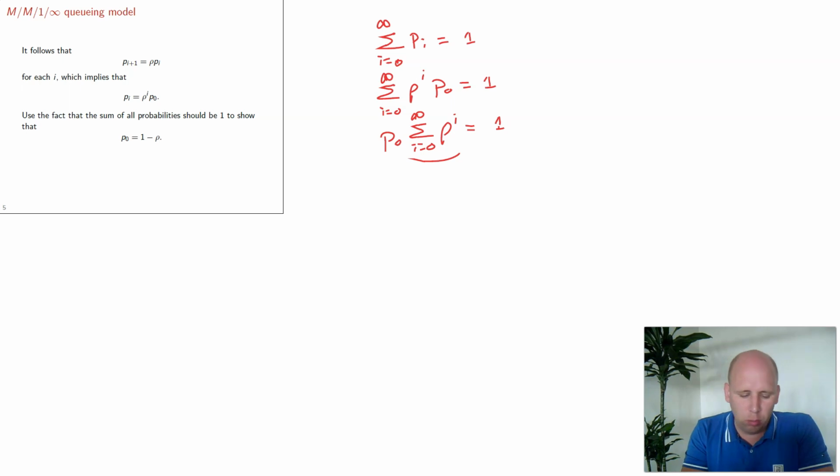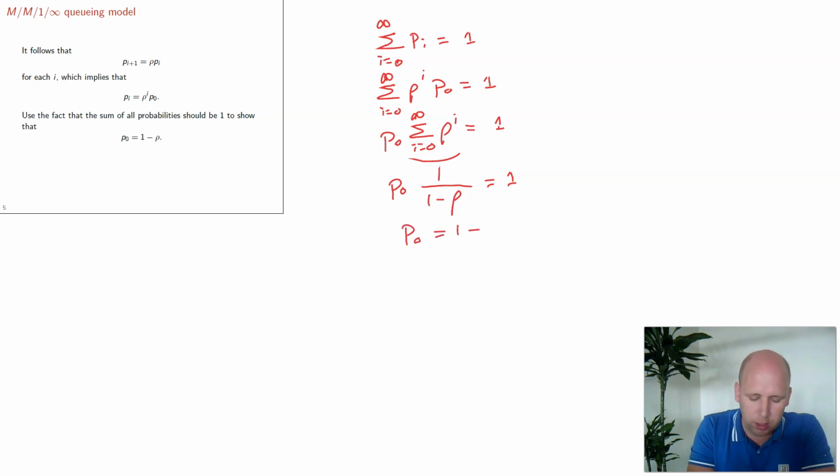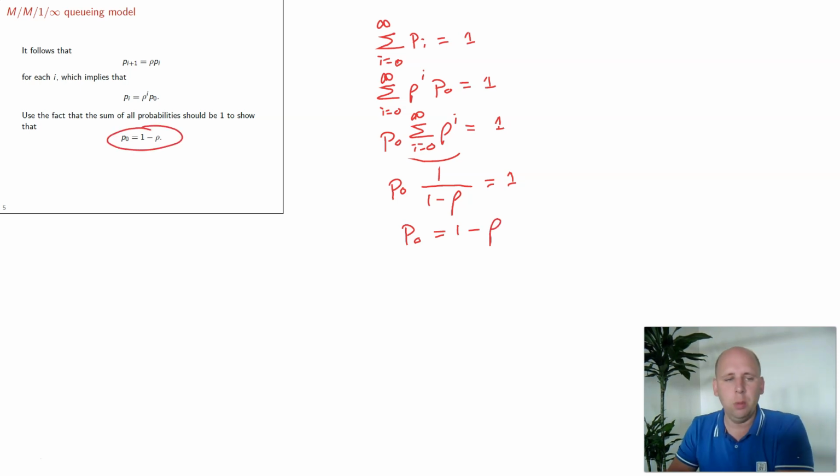And the sum of such a geometric series is 1 divided by 1 minus the factor. The factor is rho. So then this is what we will get. And if we then multiply both sides of this equality by 1 minus rho, we will find that P0 is 1 minus rho. So that was indeed what we would like to show.